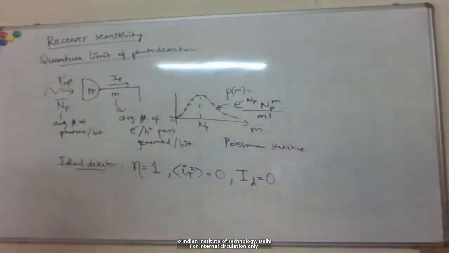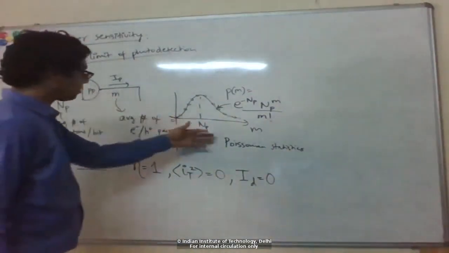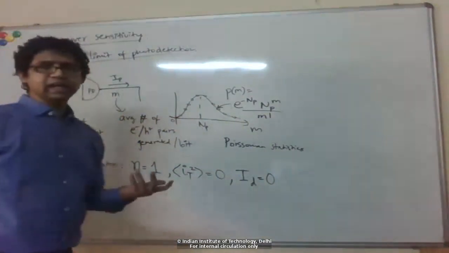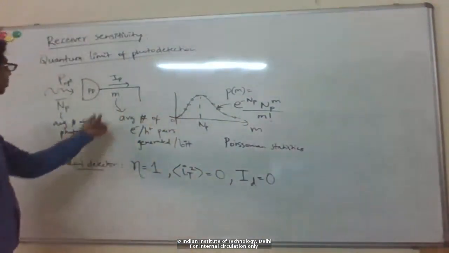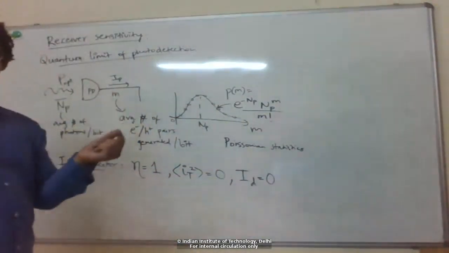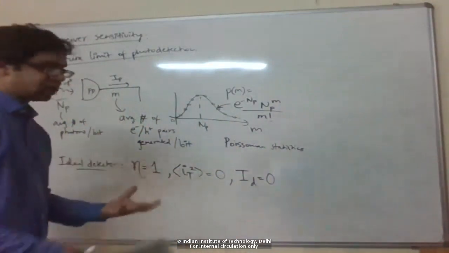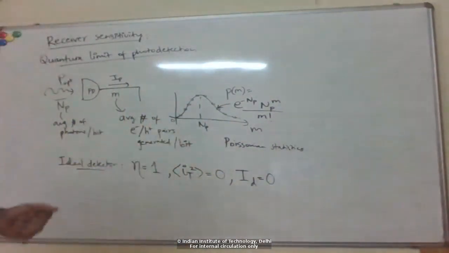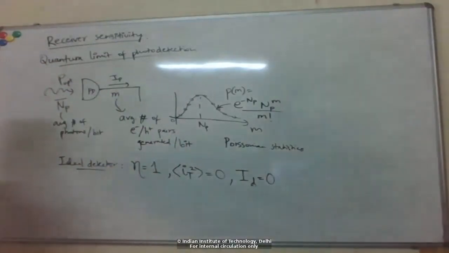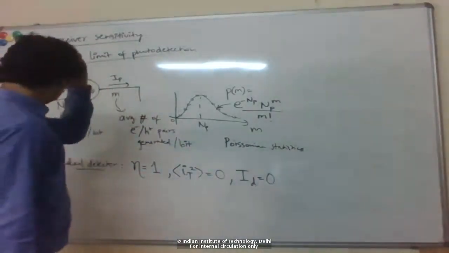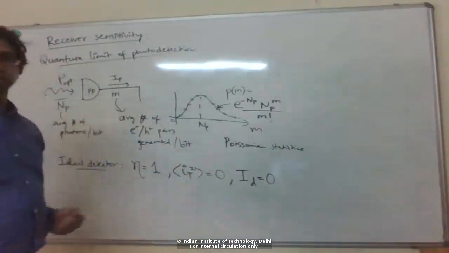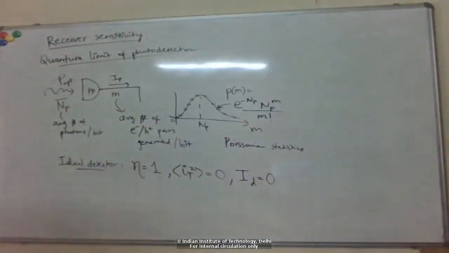So ideal detector. But basically what we are saying here is that you will still have shot noise, even for an ideal detector, because the shot noise is coming from the discrete nature of the electrons, right? So even if you make your detector ideal, that doesn't change. The discrete nature of the electrons still gives you some noise, and that is the ultimate limit of the noise.